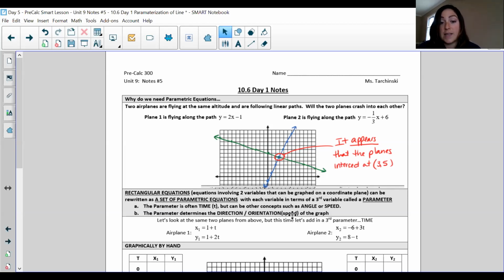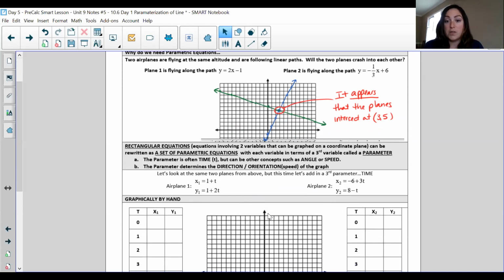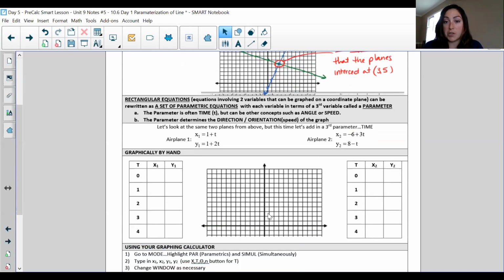So let's look at the same two planes from above, but this time let's add a third parameter, time. This is a set of parametric equations that represents airplane one, and here's the set of parametric equations that represents airplane two. So how are we going to graph these parametric equations?